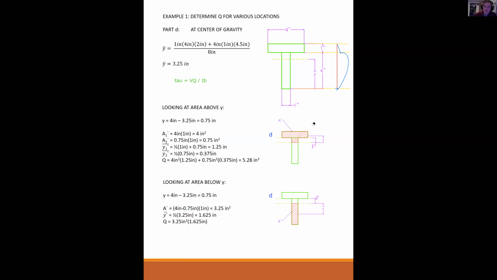Will tau always be maximum at the neutral axis? What if B was the largest at the neutral axis? Then wouldn't tau be lower? It could be. Yeah, you're right. It could be.